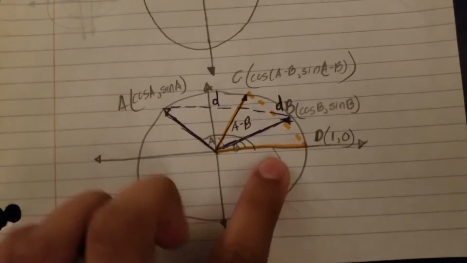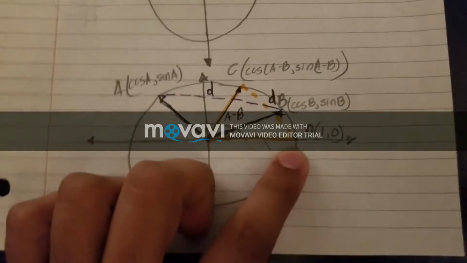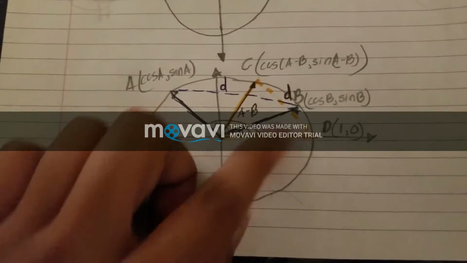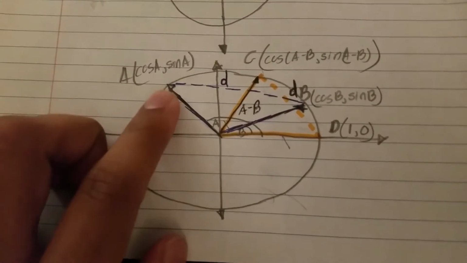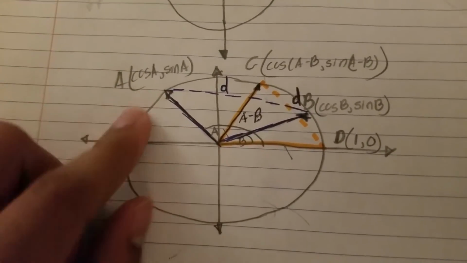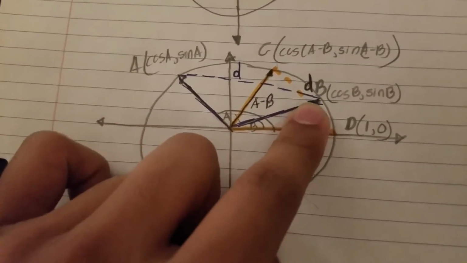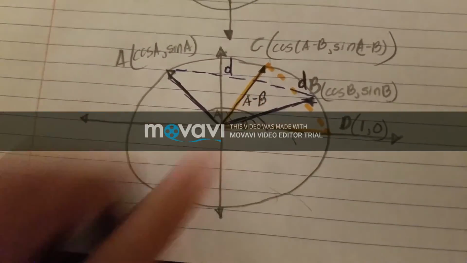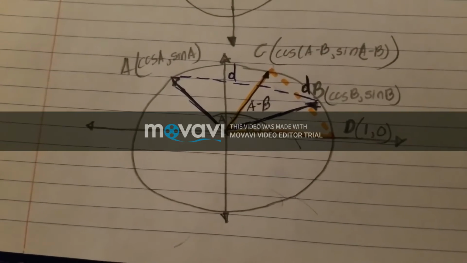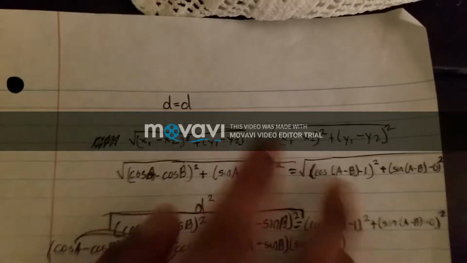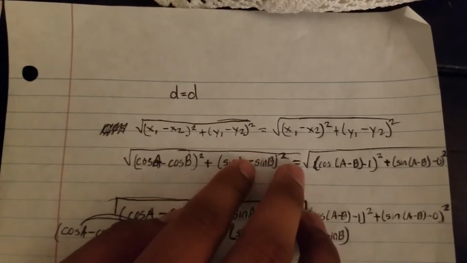On how all this plays out, each angle has an opposite angle. For example, point C's angle is the opposite of point D's angle, and it creates a distance between C and D right here. Same thing goes for point A's angle. The opposite would be point B's angle, and it creates a distance between them. From what we saw on the unit circle, the two distances are equal because they're all the same length on the unit circle.